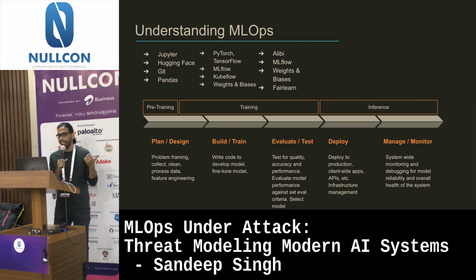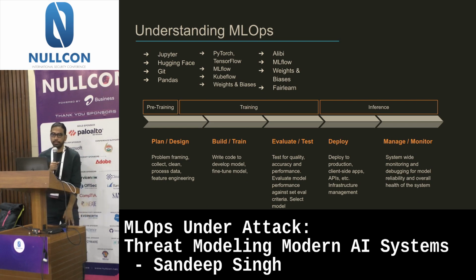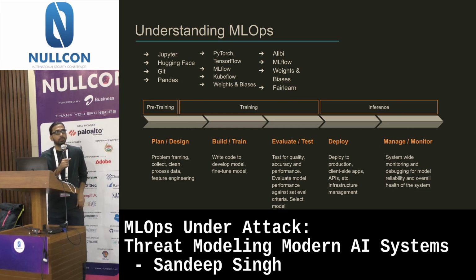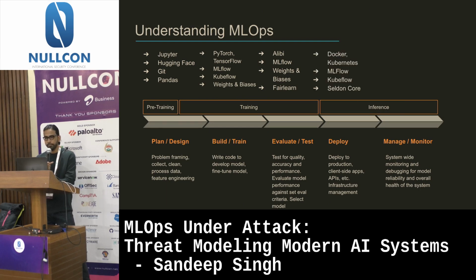Then there are evaluation tools as well, things like Alibi. Again, MLflow and Weights and Biases are tools that can give you the evaluation libraries and the tooling that you need. For deployment, it's pretty standard. The way you deploy ML models is again using similar infrastructure.